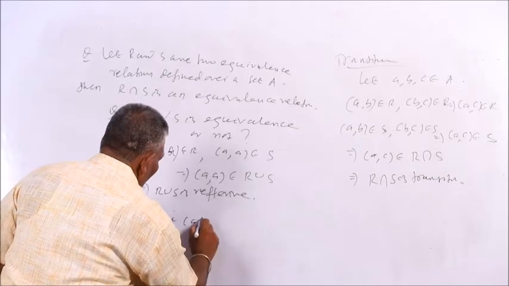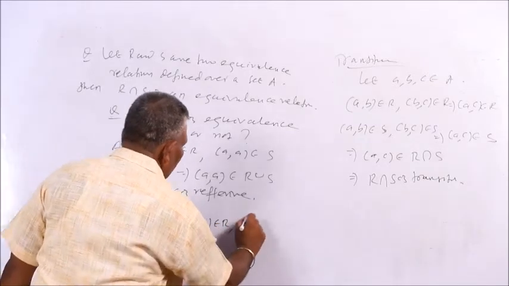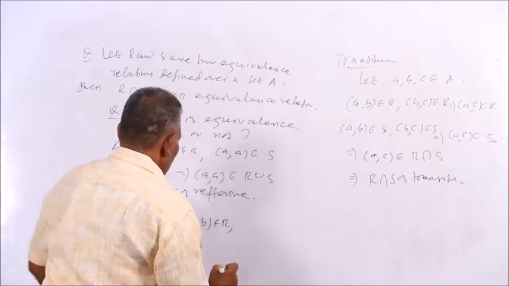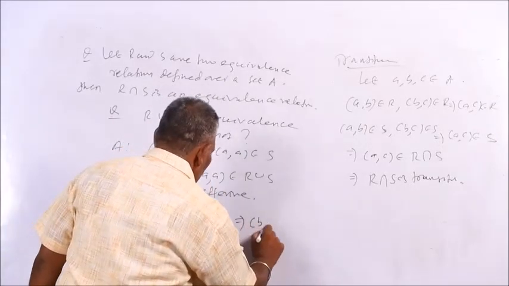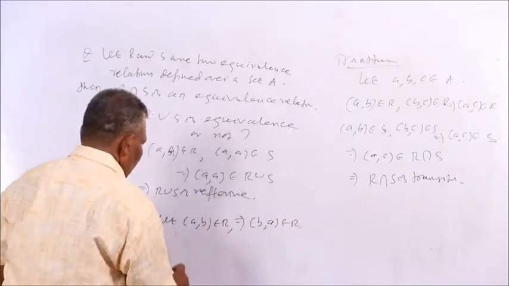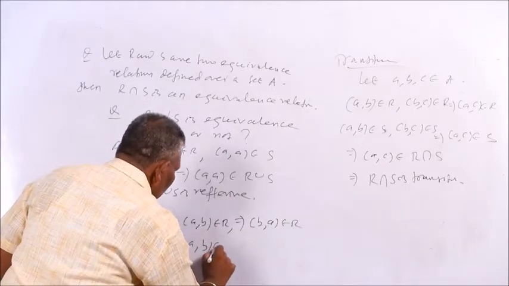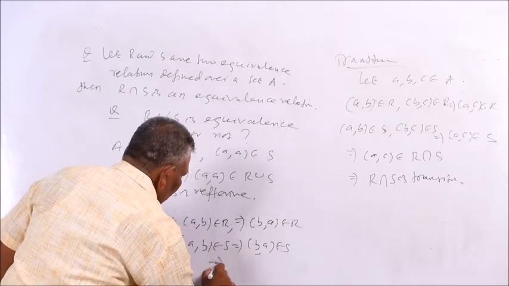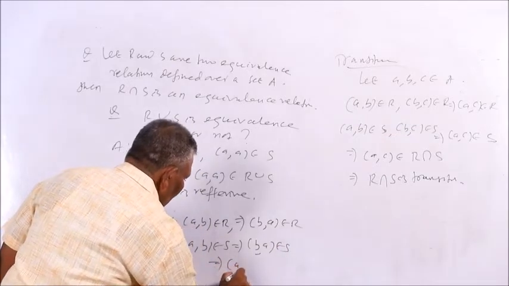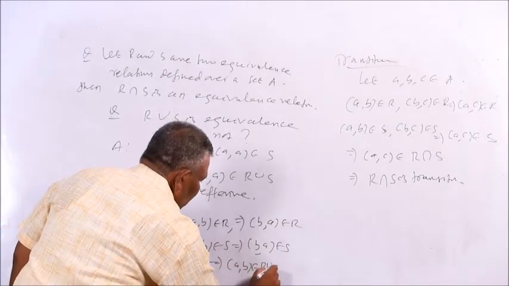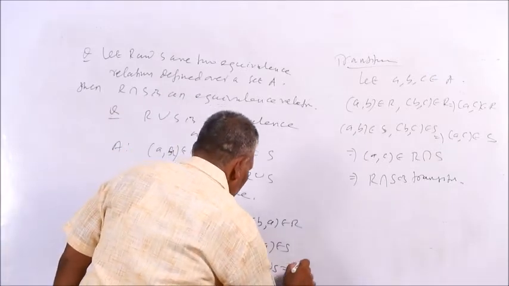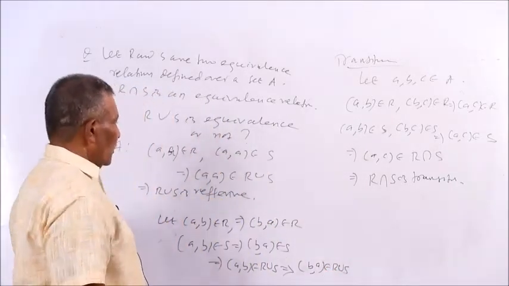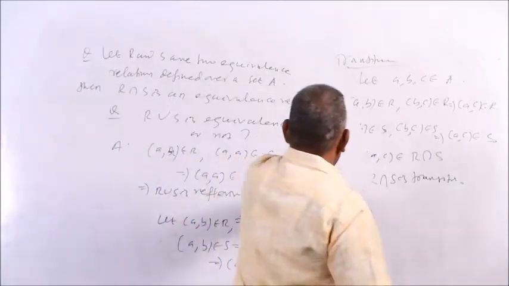Let the ordered pair (a, b) belong to R, implies (b, a) belongs to R, by the symmetric property. (a, b) belongs to S implies (b, a) belongs to S. That implies (a, b) belongs to R union S implies (b, a) belongs to R union S. So R union S is symmetric.